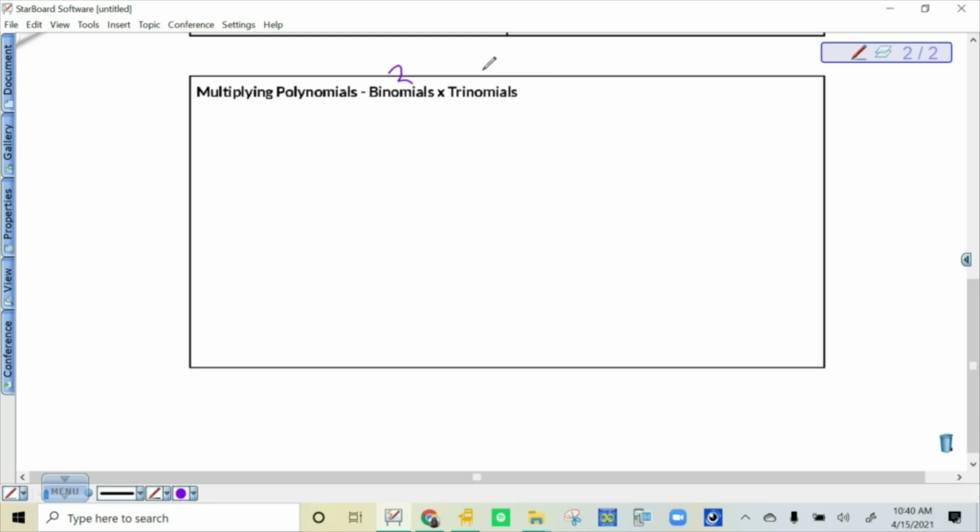How many terms are in a trinomial? 3. Yep. So we need to distribute every single term in the first polynomial by every single term in the second polynomial. So distribute every term.